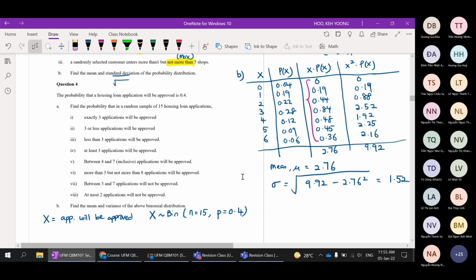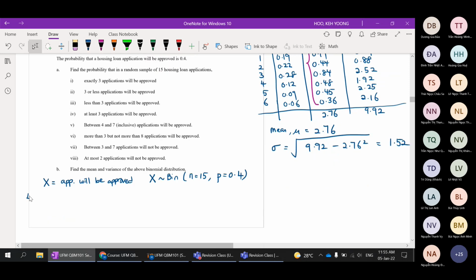So find the probability that exactly 3 will be approved. You need to know the formula first for binomial: nCx, p to the power x, q to the power n minus x.